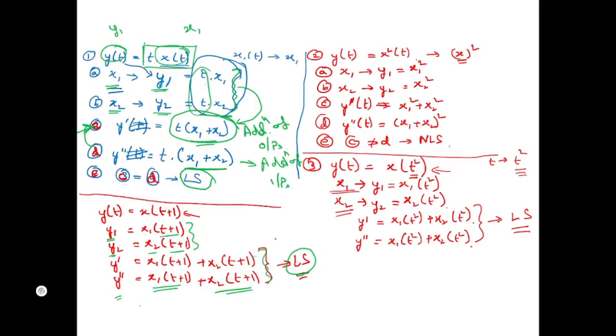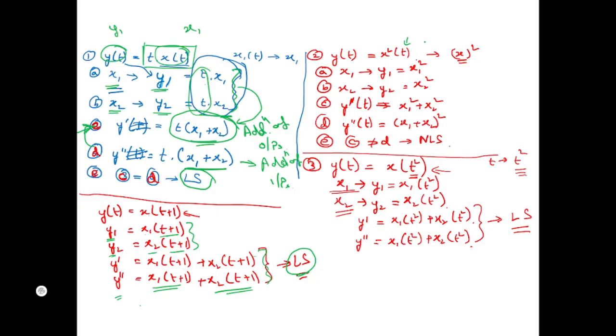Then look into this example, second and third. These are very important. Students make mistakes over here. y(t) equals x square(t). Please be reminded that t is independent over here.